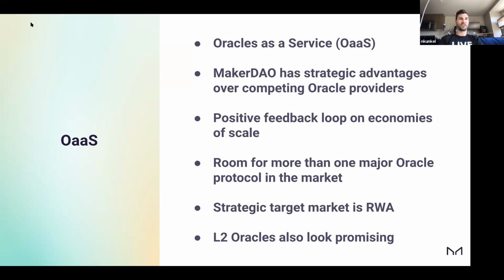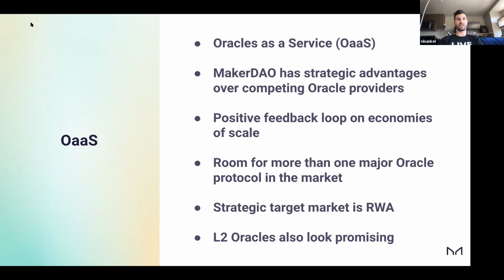We're taking too much risk. We need to take less risk. And one of the areas that they're going to focus on is Oracle risk. It will eventually, and this is my vision, be irresponsible for any protocol to be exclusively dependent on a single Oracle protocol.